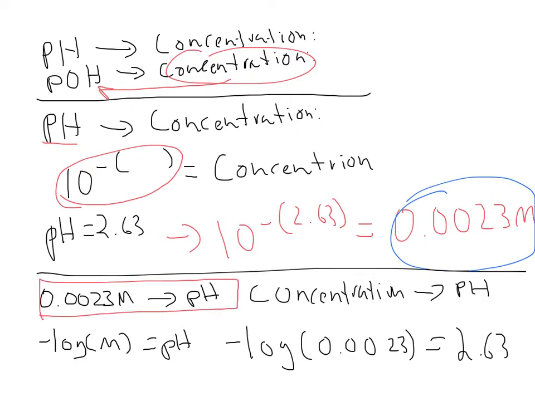Alright, so what did we just do here? Now let's just recap real quick. If we're given a pH, we can solve for concentration by plugging it into the inverse log, which is 10 to the minus whatever value given. Now say we're given the concentration. We can solve for the pH by plugging that concentration into the negative log, and that will give you the pH.